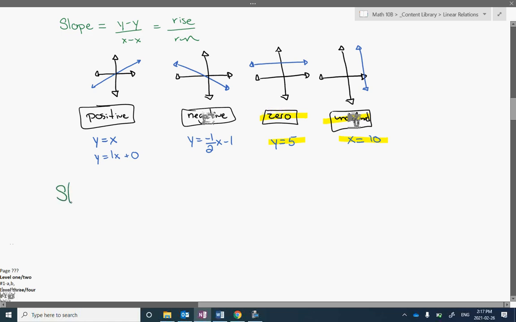Okay, slope-intercept form. So hopefully we all are remembering y equals mx plus b.